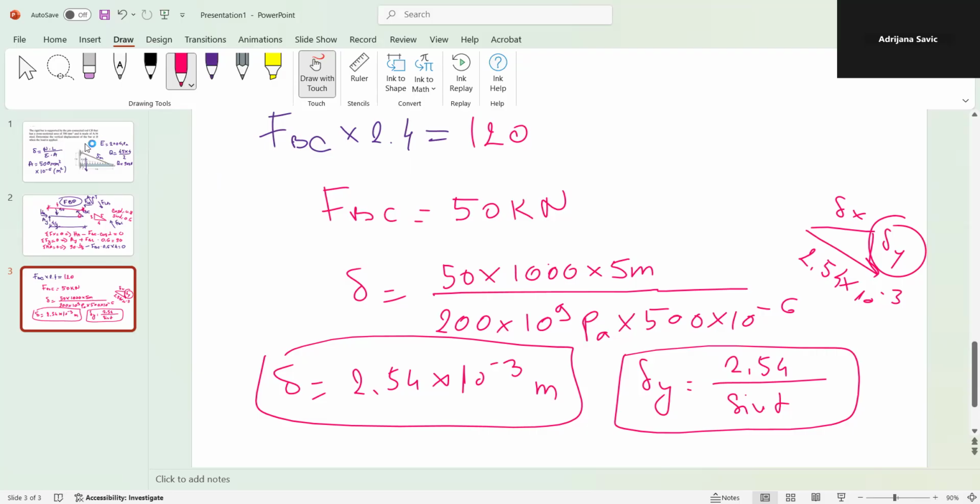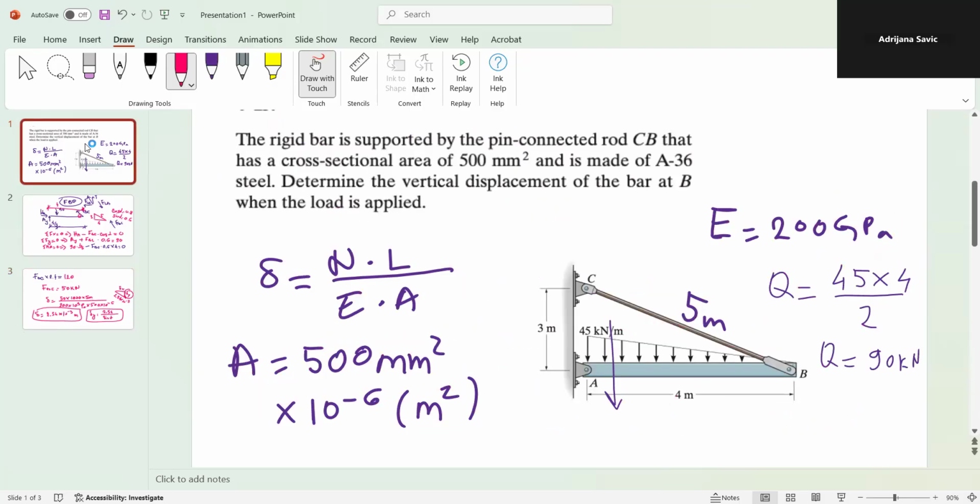Again, the part which belongs to strength of materials is only the equation N times L over E times A, but everything else was statics. So how do we determine the forces when we have a system like this? If you have a bar like this, you need to know that the force from B to C is equal to the force from C to B when we have no load on the bar.